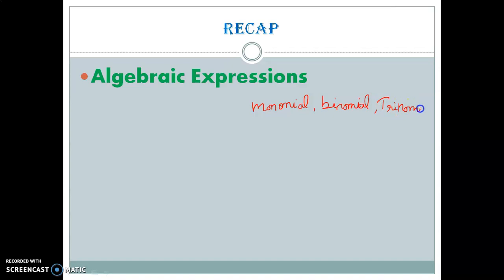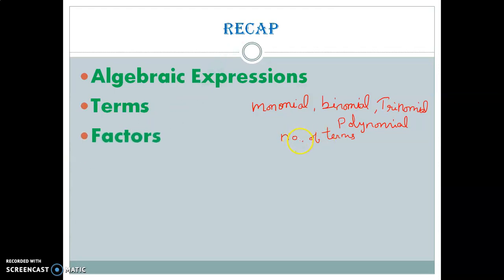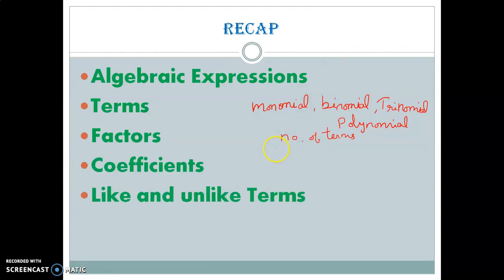Binomial and trinomial can also come under the common heading called polynomial. And this is based on the number of terms it has. So we learned what is a term also, and factors. Every term is made up of factors. Then coefficients. Then like and unlike terms.